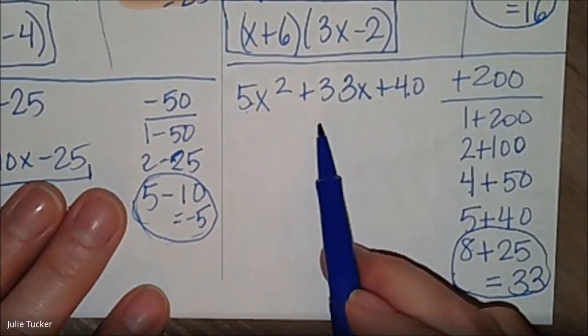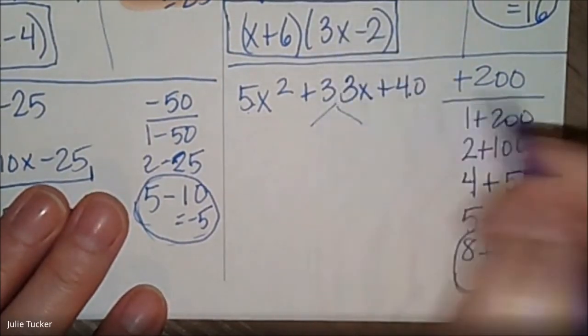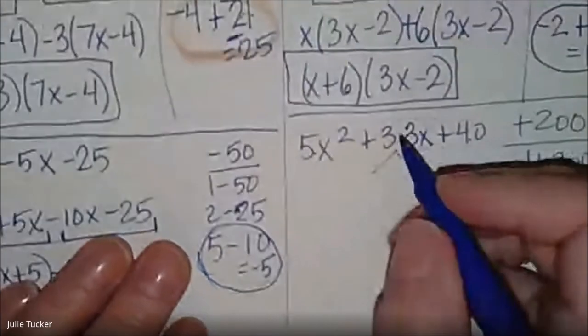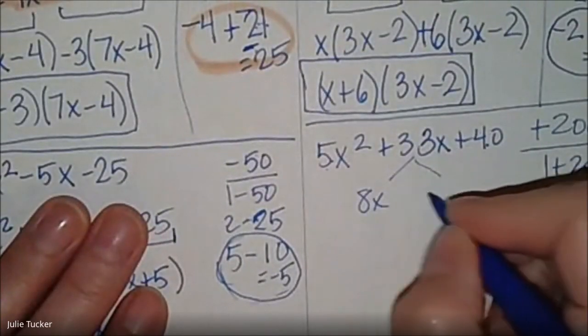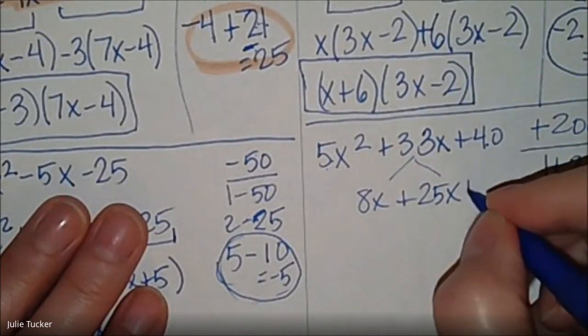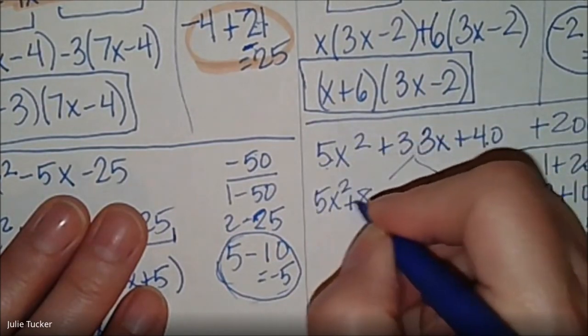And that's the number we want. So now we're going to split the 33 into an 8 and a 25, okay? So 8x and 25x. Carry down the 40, carry down the 5x squared.